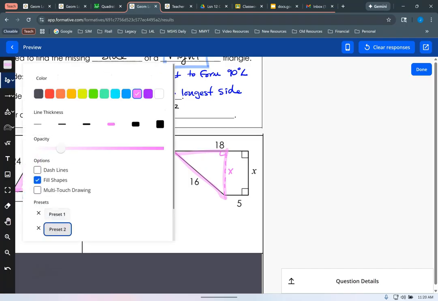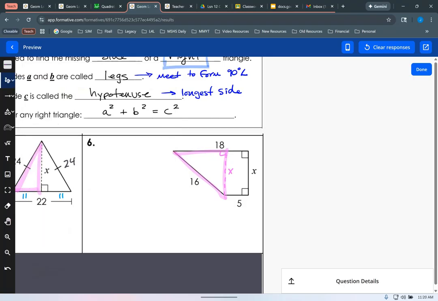So what you're saying is that this 18 runs the whole length here, but we have to split that into 13 and 5. Does that make sense? So you have to do a little cut and pasting here to find it. All right, let's see if you can get the right Pythagorean theorem problem set up. Let's see how you do.